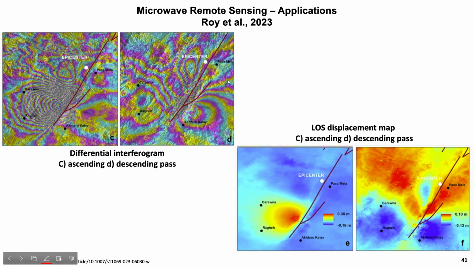And after some analysis, they make this differential interferogram using a software called ENVI, and it has a package called SARscape. By using that package, you will be able to generate what is called an interferogram.